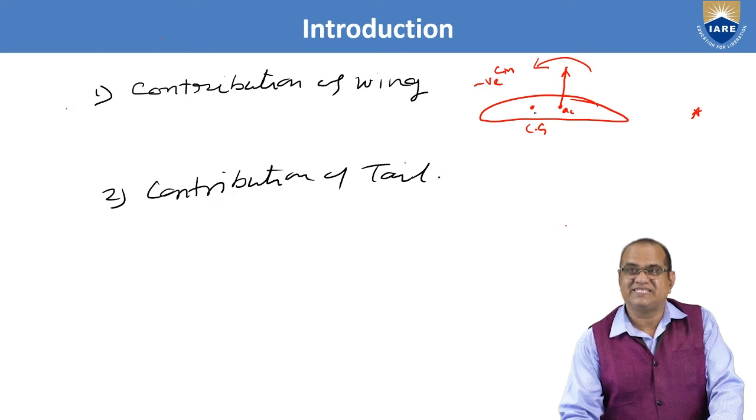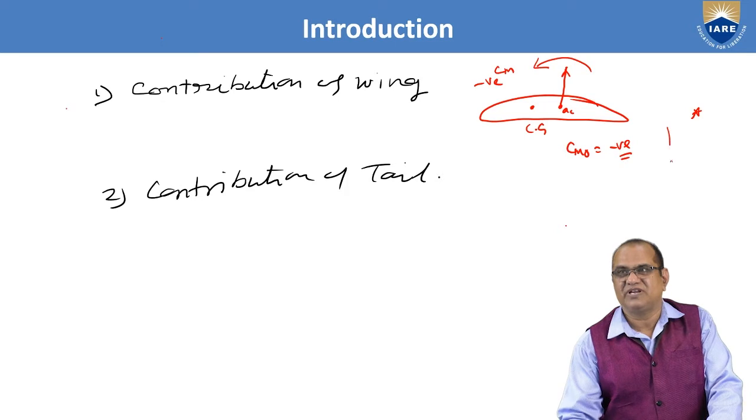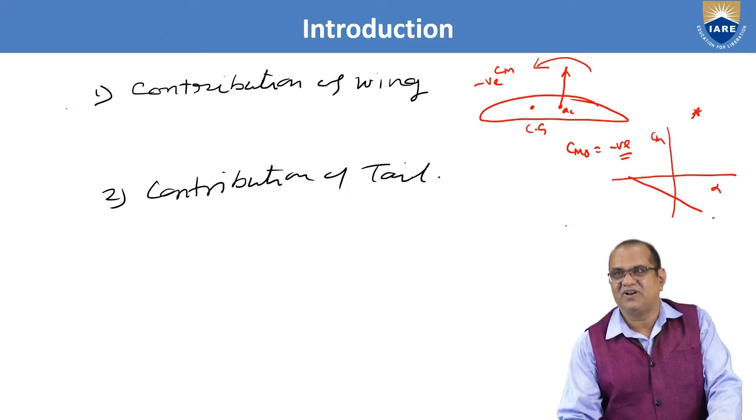But in this case, CM naught will also be negative. So if I draw CM versus alpha, the plot will go like this.